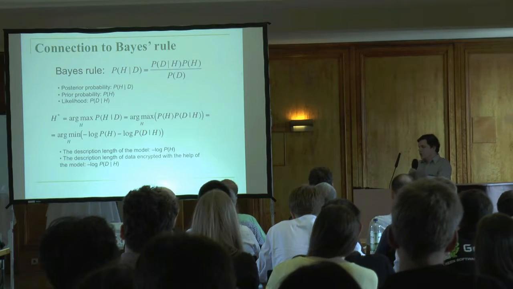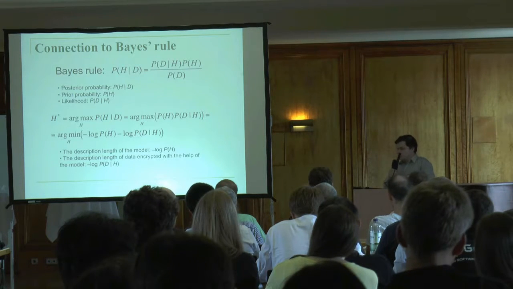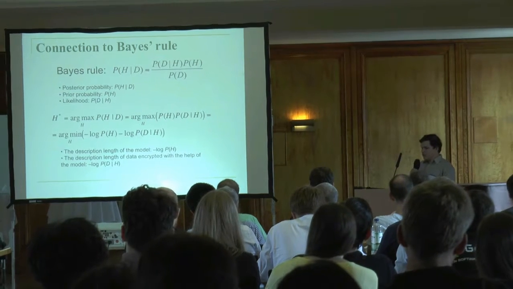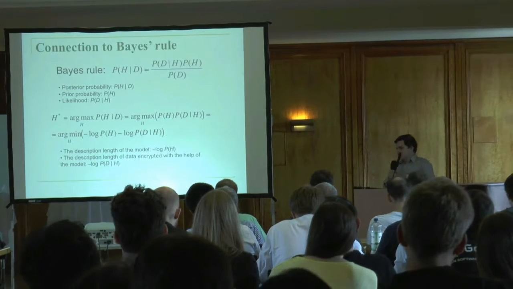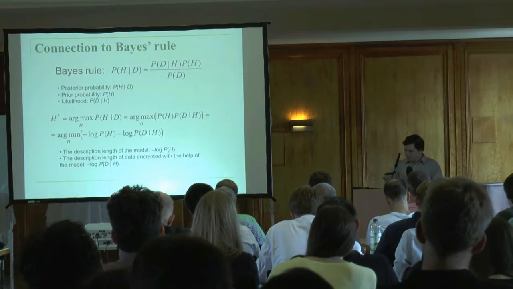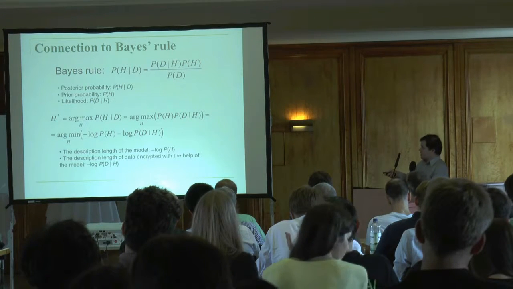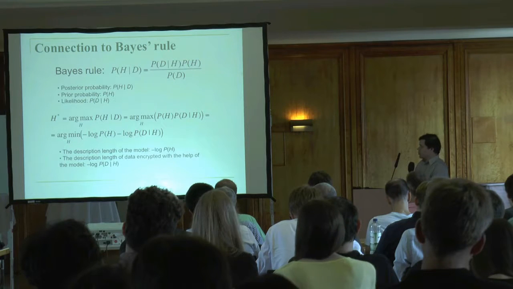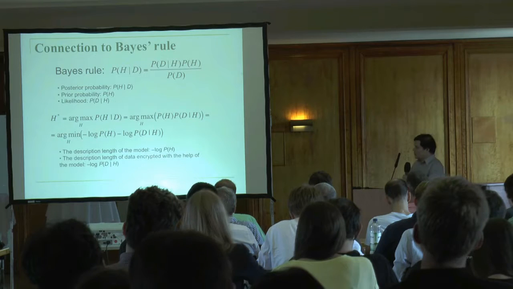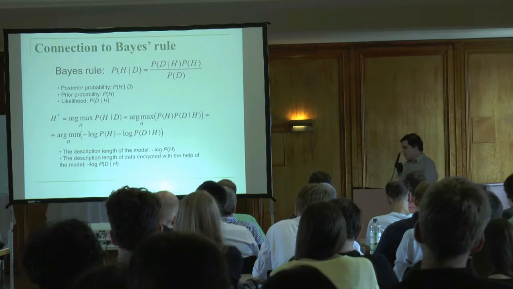Indeed, if we take logarithms of both parts of the Bayes rule, we will obtain mostly the same formulation as the minimum description length principle, because we will have some part which corresponds to the description length of the model, and some part which corresponds to the description length of the data encoded by the model.